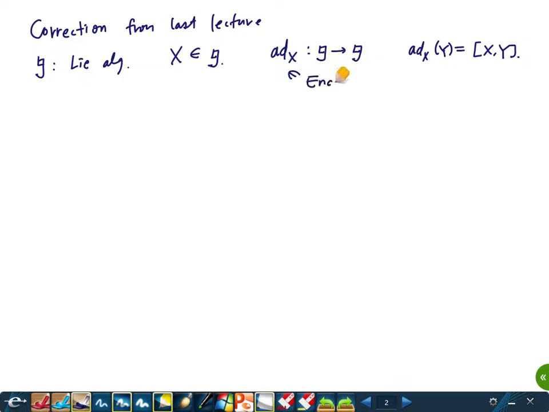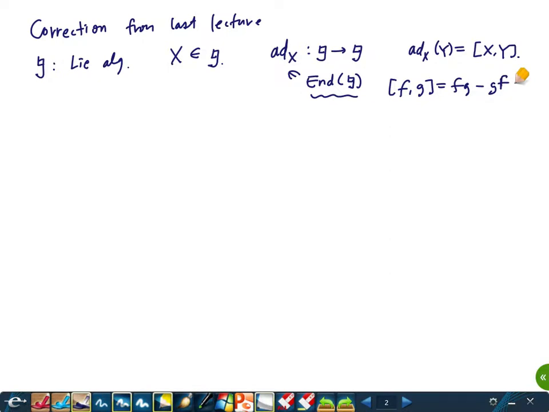Endomorphism of G. Okay? So it's a linear map from G to G. And we can give a Lie bracket structure here. We know how to give the Lie bracket structure here. This is FG minus GF.